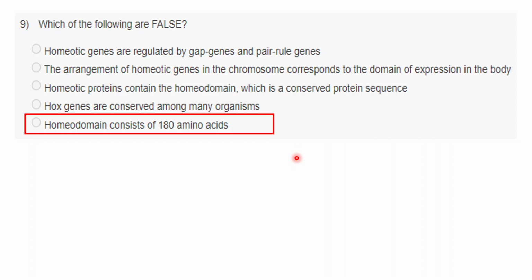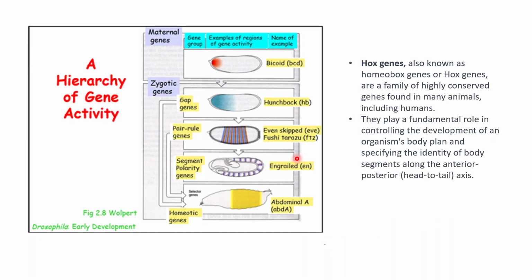If so, let us see the hierarchy again. Let's revisit the hierarchy. We have maternal genes, gene group, examples of region of gene activity showing here, and name of the example. So we have an example of maternal gene, bicoid. Zygotic genes then come into play: gap genes, hunchback; pair rule genes, even skipped; segment polarity genes, engrailed.